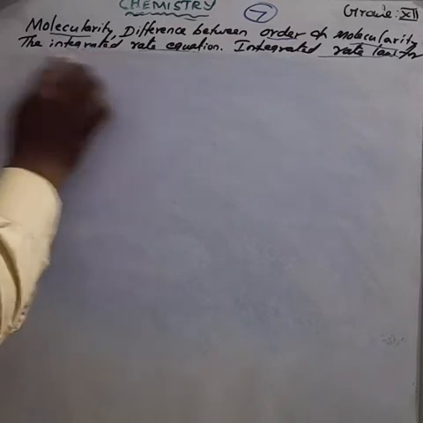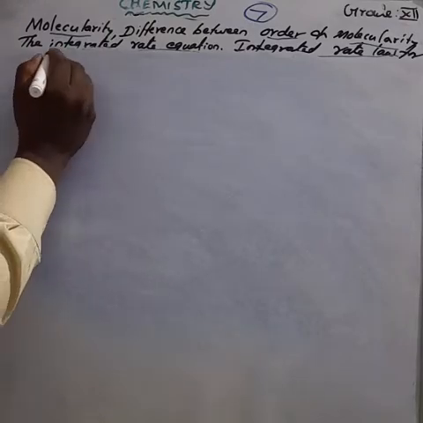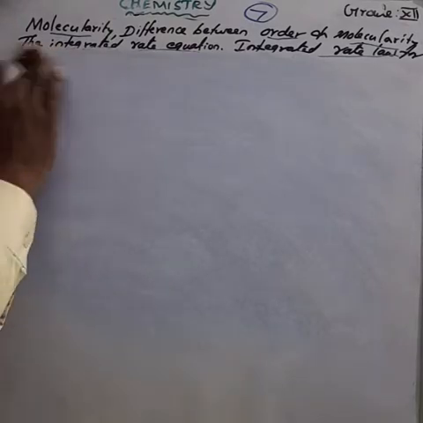Each and every single step in a reaction mechanism is called an elementary reaction. Mechanism means how, from the initial stage, the reactant is converted into product; everything we learn from initial to final is the mechanism.